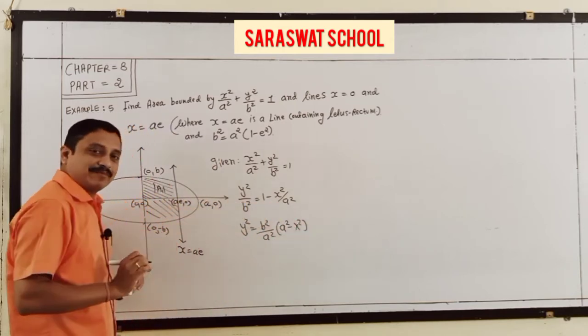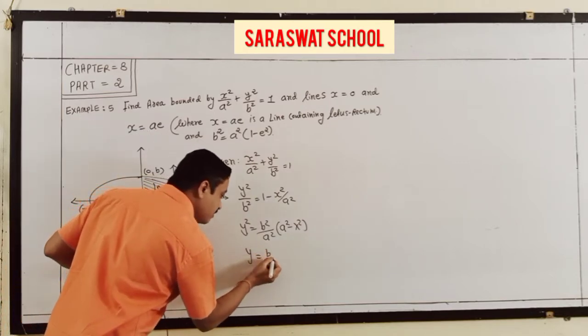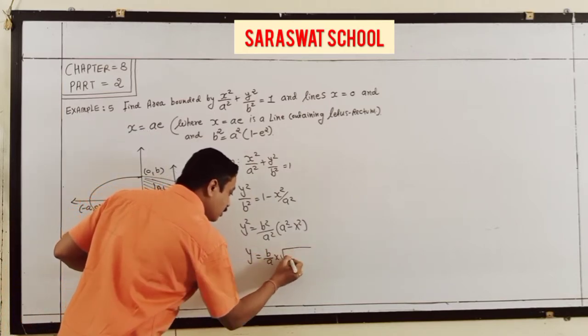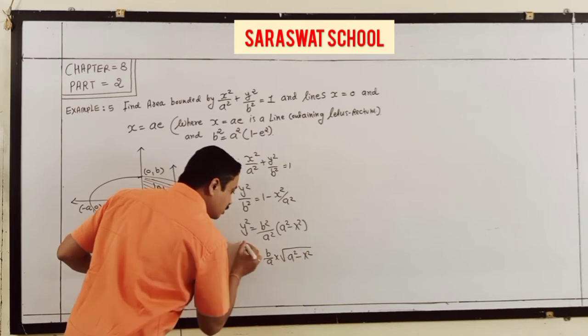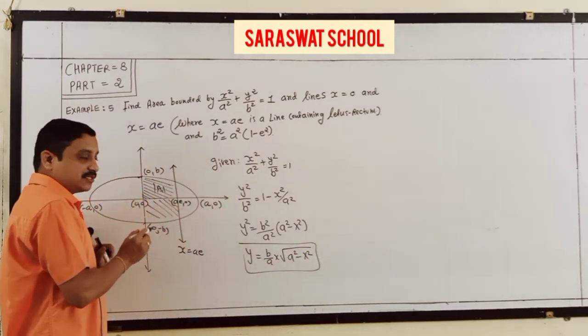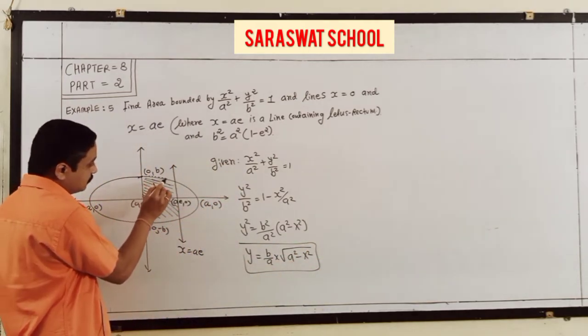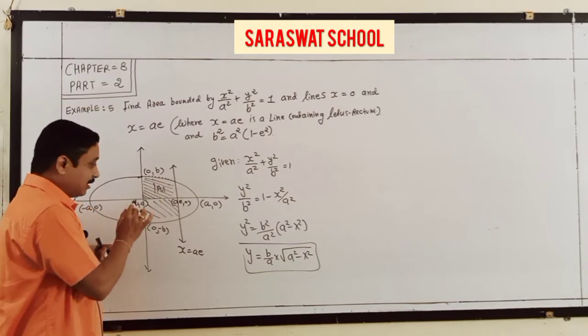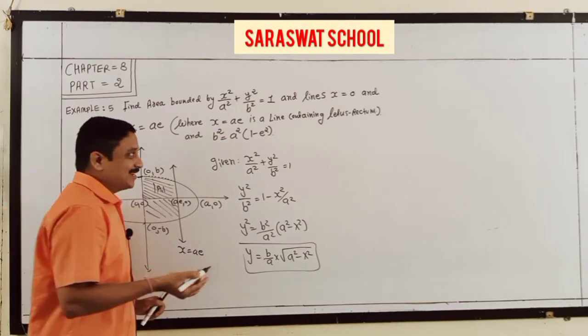Taking LCM and separating y, it is b by a under root a square minus x square, and that's your curve, students. It means this curve only, between 0 to ae, easy now.